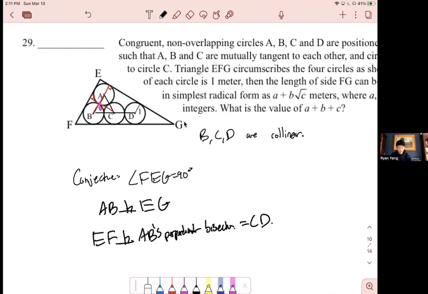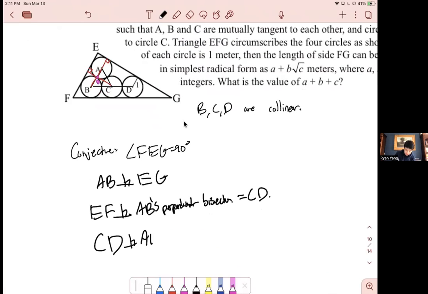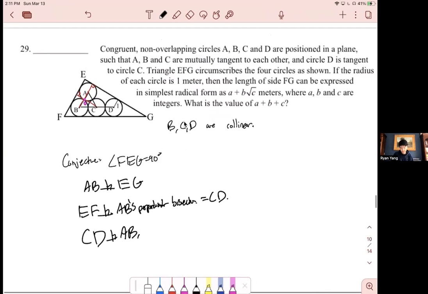So EF is perpendicular to CD, but we also have that CD is perpendicular to AB. There's probably some simpler way to state it, but it ends up being true that angle FEG is 90 degrees.